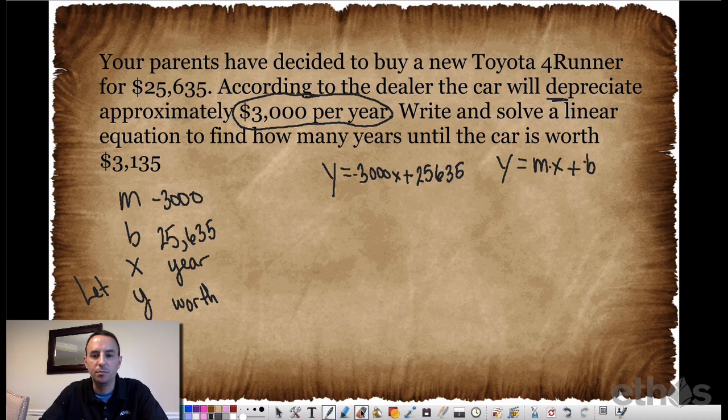And I know, based on that, I want to know how long it will take to roughly equal that amount, $3,135. So again, I'd solve, I'd subtract off this 25,635.